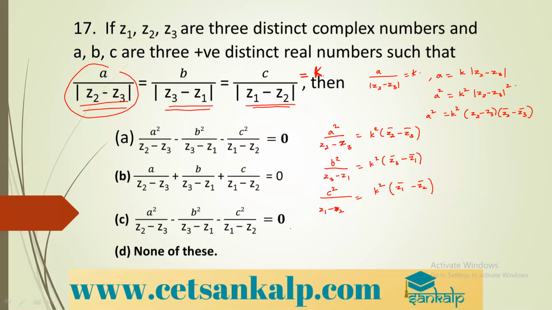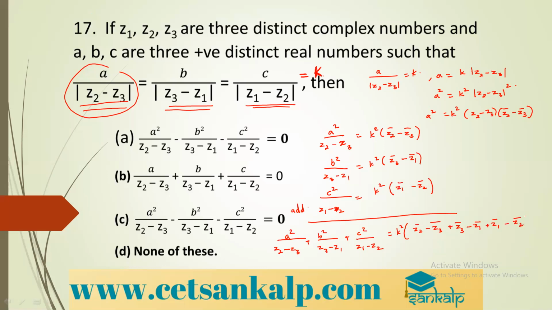And because in the options there is an option for adding all three, if I add A square by Z2 minus Z3 plus B square by Z3 minus Z1 plus C square by Z1 minus Z2, I can take K square common and write Z2 bar minus Z3 bar plus Z3 bar minus Z1 bar plus Z1 bar minus Z2 bar.